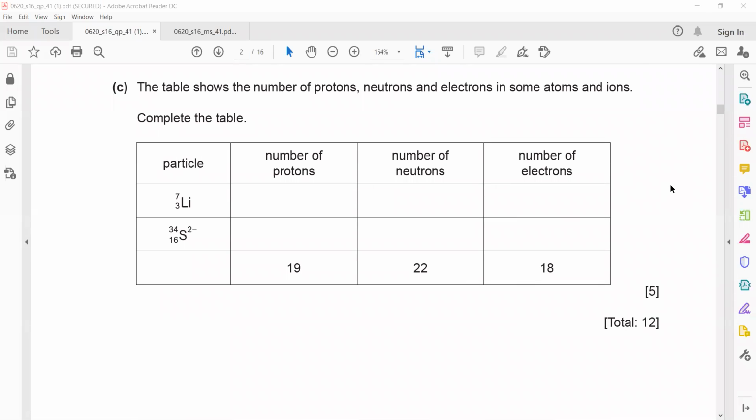Part C, complete this. The table shows the number of protons, neutrons, and electrons. Complete the table. Use the screen annotation to complete this. There's an icon which looks like a pencil or a pen.